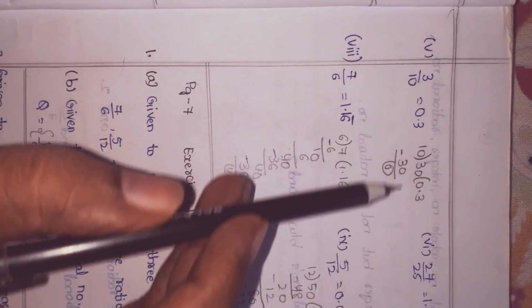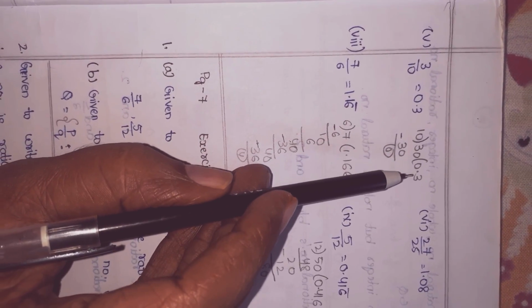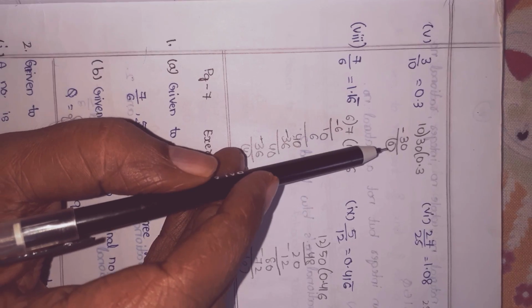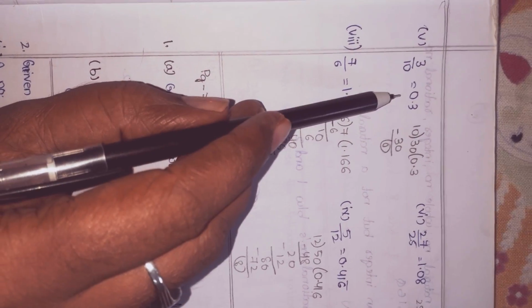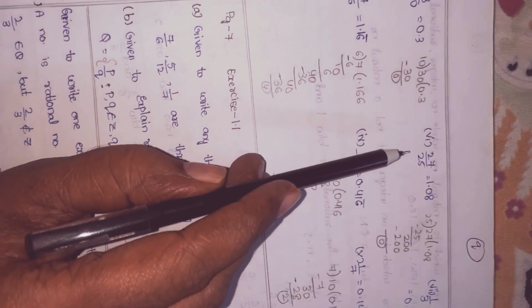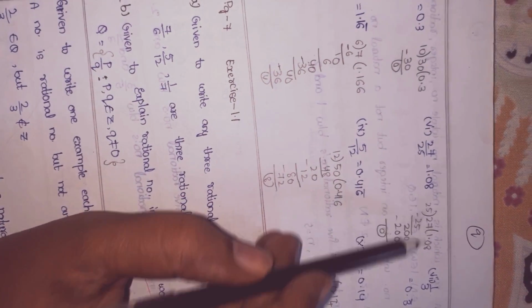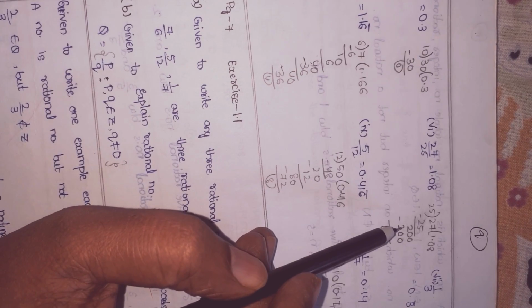Next in this fifth one, children, 3 by 10. So 10, 3 is not possible, children. Keep the point, means it will become 30. 10 3s are 30. Remainder is 0. Otherwise, directly 10 is there, you can write 0.3 directly. Is it clear, children? Next in this sixth one, children, 27 by 25. So 25 ones are 25. 27 minus 25 is 2, children.